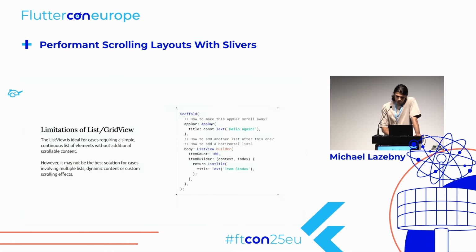And for example, about the app bar, how may I make it collapse when I scroll? These questions I would like to answer, and these are the limitations of these scroll views, because they were great for simple cases.